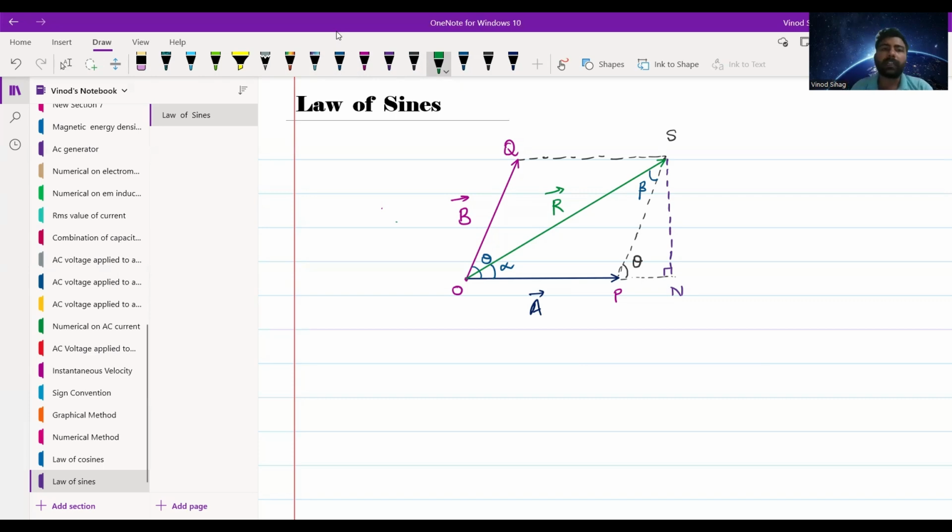Now we are going to derive the law of sines. For that, we are going to use the right angle triangles. One more thing is remaining here. Now we are going to put a normal on the resultant also from the point P. Okay, let us draw that.